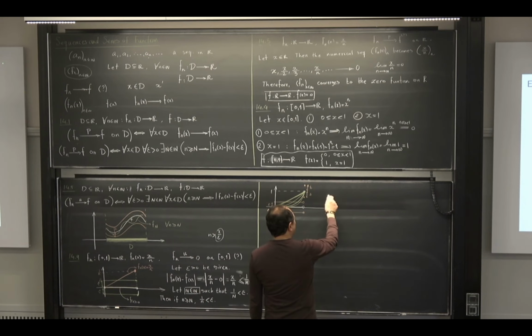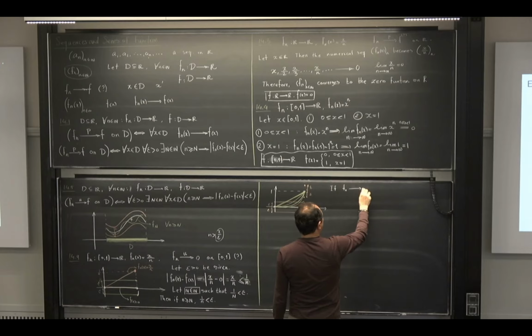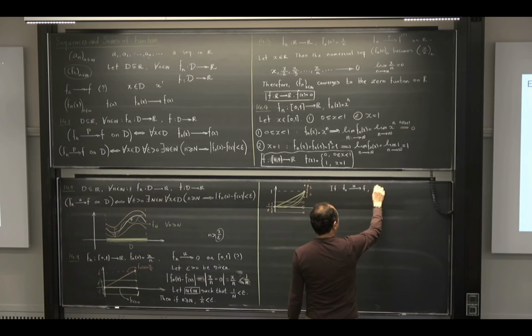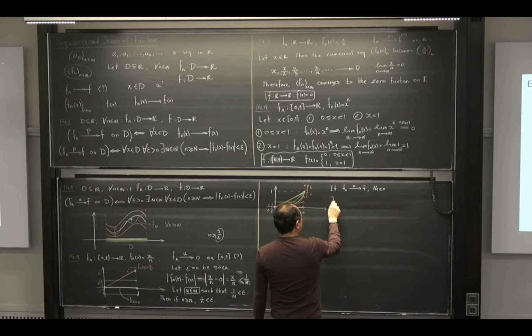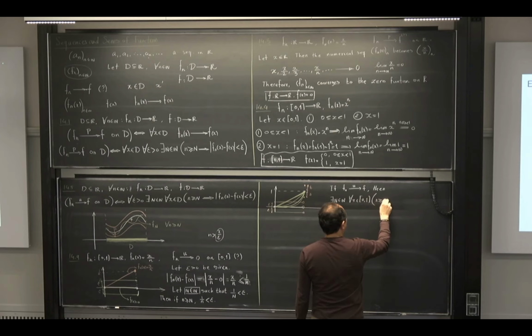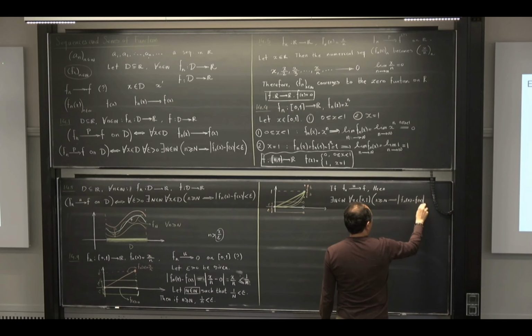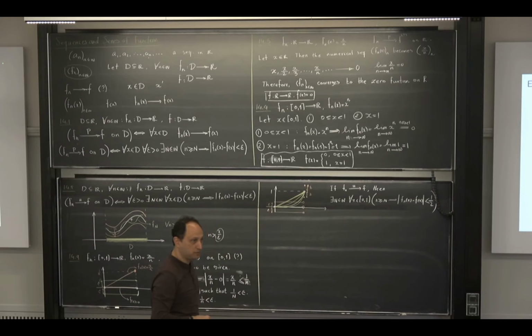Let us say that if f_n converges to f uniformly, then there exists an n such that for every x in [0,1], if n is greater than or equal to that n, then the difference between f_n(x) minus f(x) is less than 1/2. So I am choosing something for epsilon, so that I can have the contradiction.